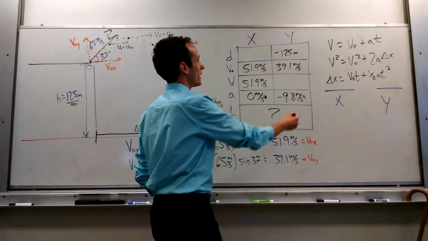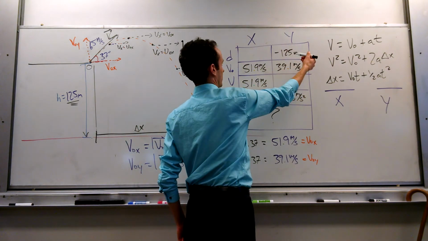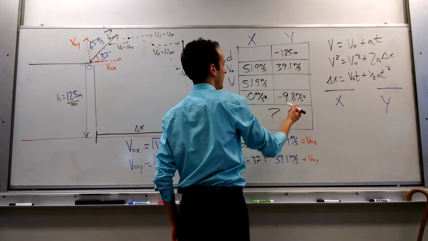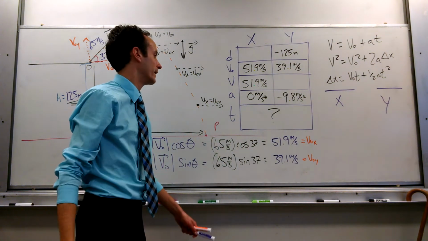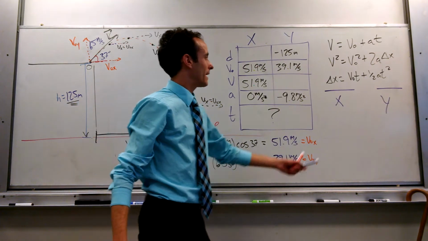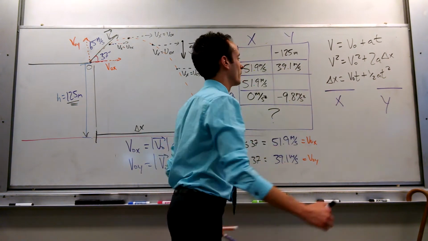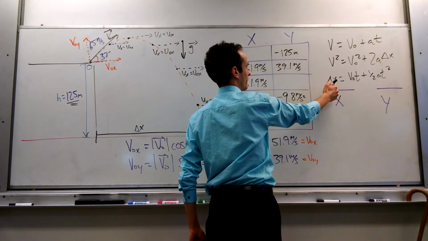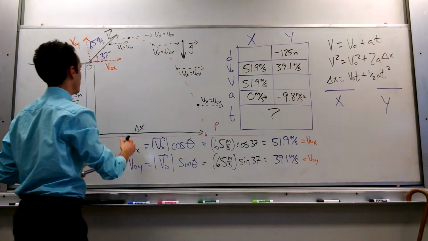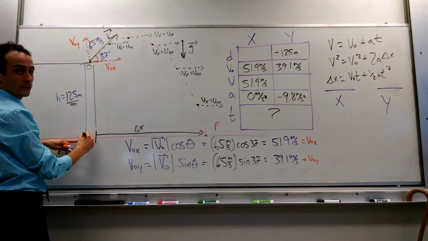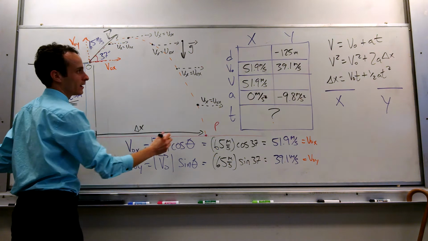Well, here I have 3 bits of information. I know my displacement, I know my initial velocity along y, and I know my acceleration along y. And then I'm looking for the time. Well, that makes this very useful for me. I know my y displacement. Basically, it says negative 125 because to reach point P, I need to go down 125 and to the right delta x.